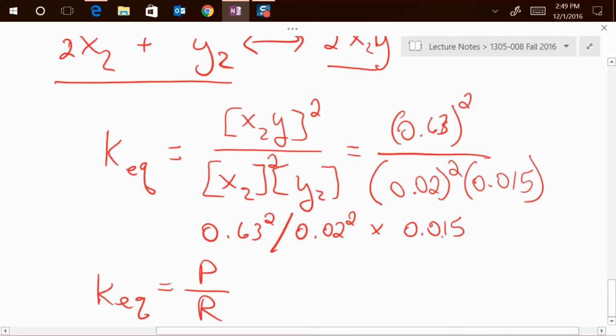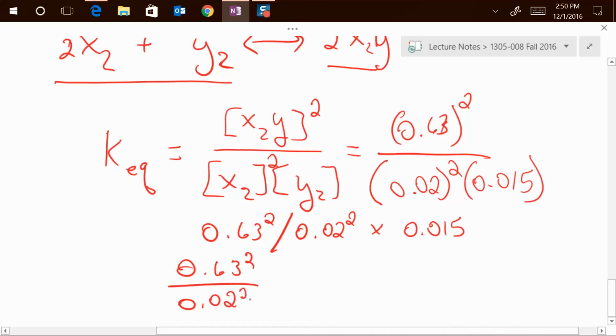Your calculator will not give you the correct answer if you put it in like this, because it thinks you're telling it 0.63 squared divided by 0.02 squared, times 0.015. Is that what you're trying to do? No. If you put it in parentheses, fine. Now it understands. But if you didn't do that, this is what it thinks you're doing.